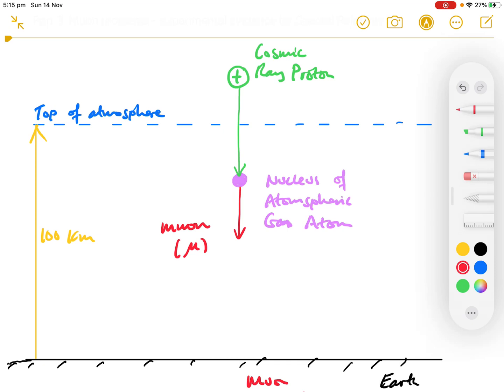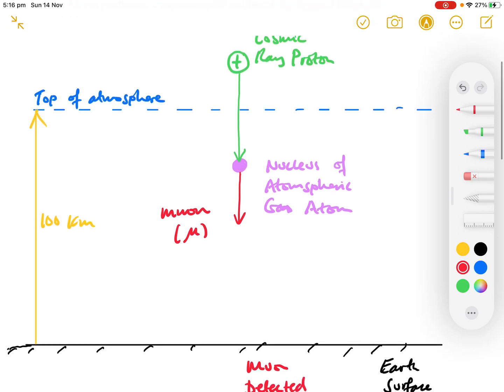A muon is a lepton, a relatively light particle, similar to an electron. It has a 1 negative charge and spin 1/2, so it's a fermion, and it's a bit heavier than an electron. So you can think of it as a kind of heavy electron. Anyway, muons are created, and they come flying off.